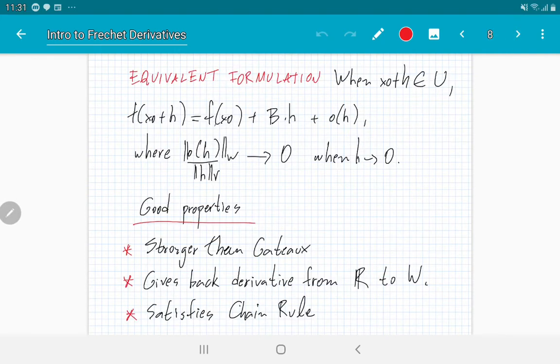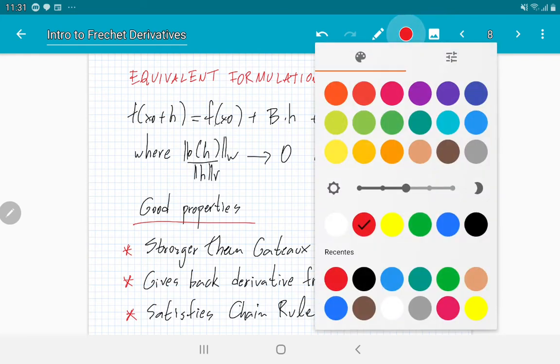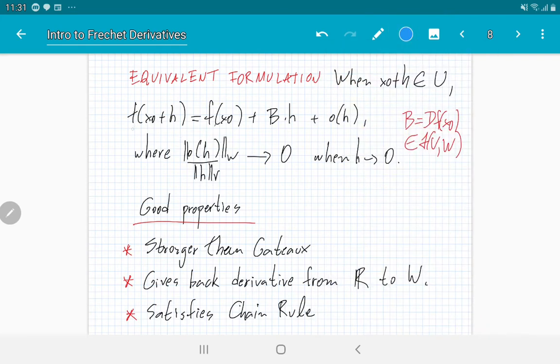Here's an equivalent formulation, which is related to what we saw in the first slide, right? The Fréchet derivative, if it exists, is this operator b, which we will write as f' in L(V,W). And it should be such that f of x0 plus h is equal to f of x0 plus b times h, plus a term that we write o(h), just to mean that if you take its norm and divide by the norm of h, this goes to 0 when h goes to 0 in V. It's really the same thing, right?